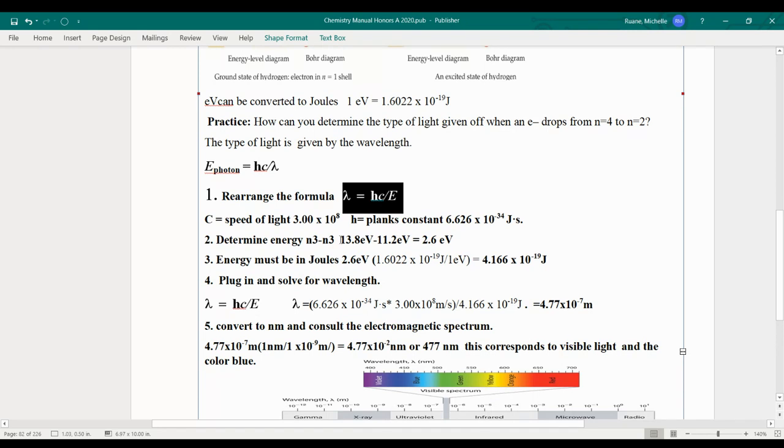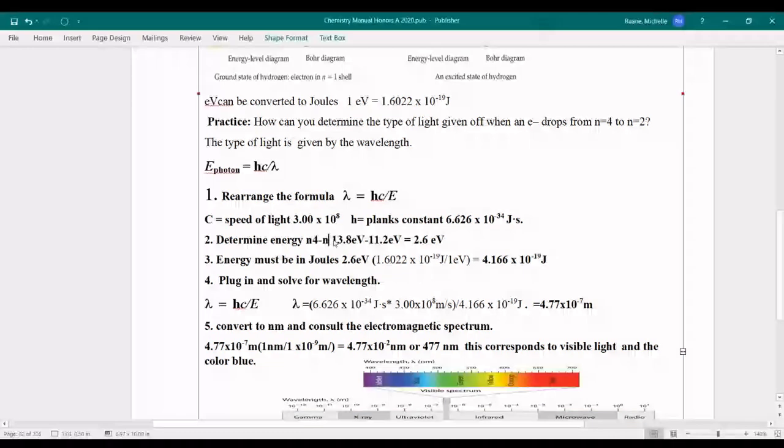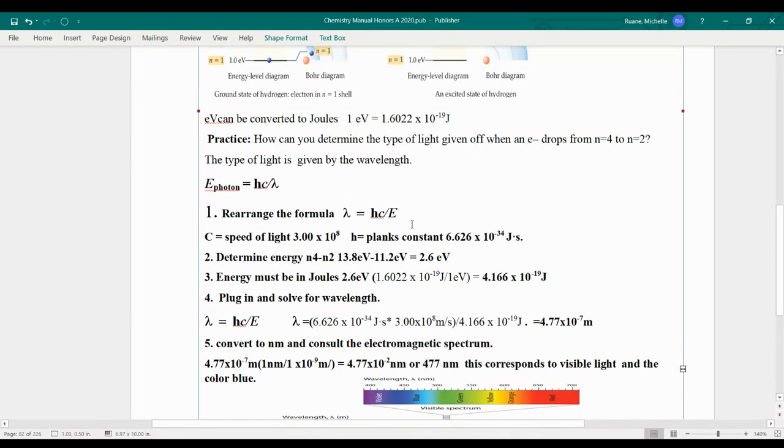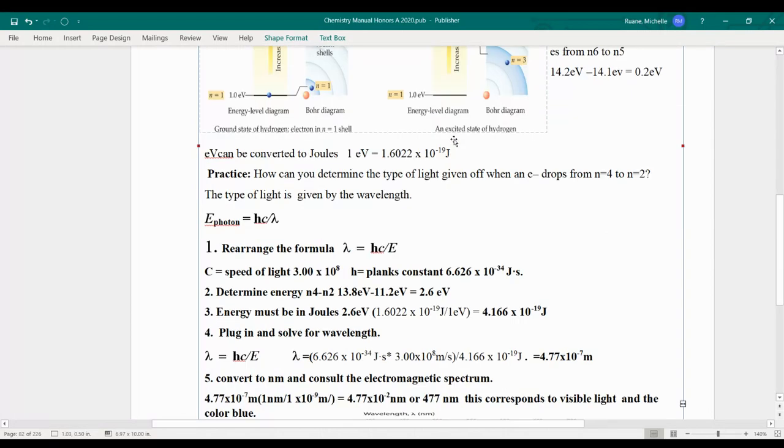Determine the energy from N4 to N2. Okay, so if I go to my handy dandy model here, N4 is 13.8 electronvolts and N2 is 11.2 electronvolts.